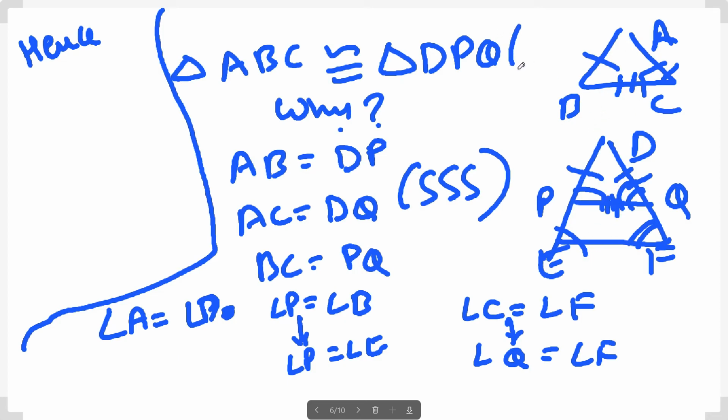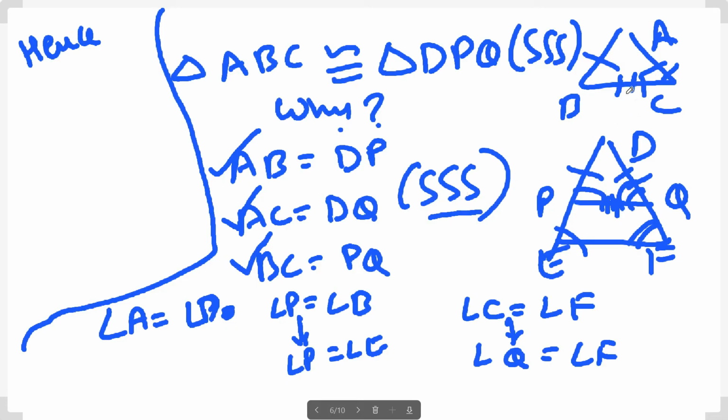So if you look at this small triangle, we see that these triangles are congruent because the sides are equal, SSS congruency. AB is equal to DP, we cut it; AC is equal to DQ, we also cut it; and BC is equal to PQ, we found. So it is SSS congruency. If it's congruent, the corresponding angles are equal.